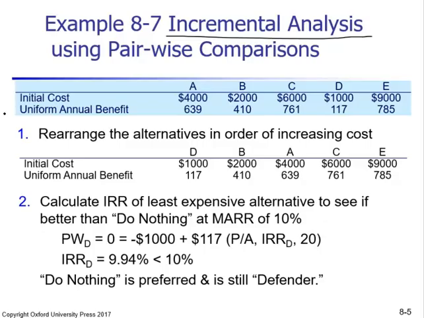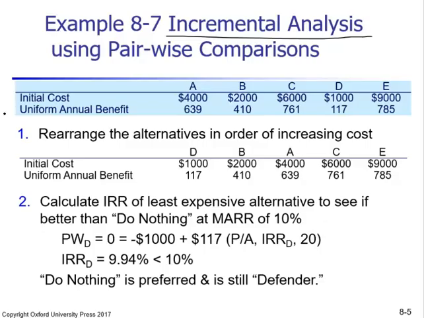Or another case, the two options for buying the house. So incremental analysis in some cases is really helpful, and the best approach to tackle the analysis of the case.